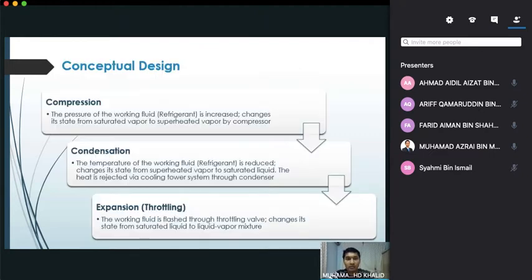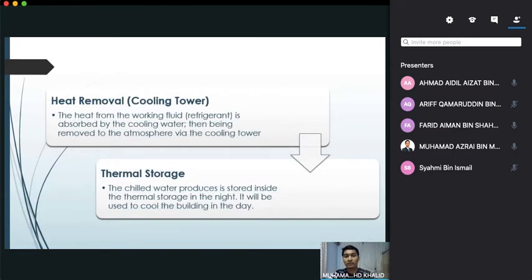We move on to the conceptual design. These have been stated and described by Shami just now, where we have the compression, condensation, expansion, and also heat removal, and finally our product will be stored in the thermal energy storage.